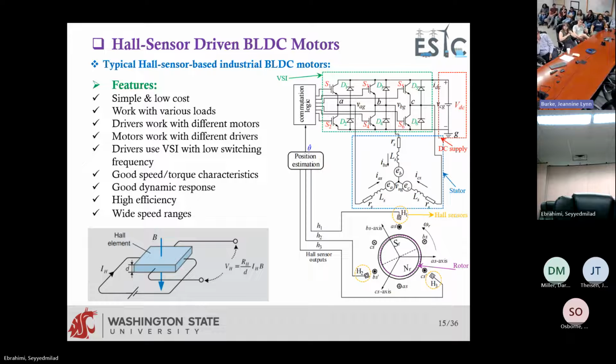And this is just a schematic. And then we have 3 Hall sensors that try to detect the position and speed of the rotor. And then we also have a rotor here. When it rotates, the N and S poles of the rotor will give different signals to the Hall sensors. But that's basically the structure.